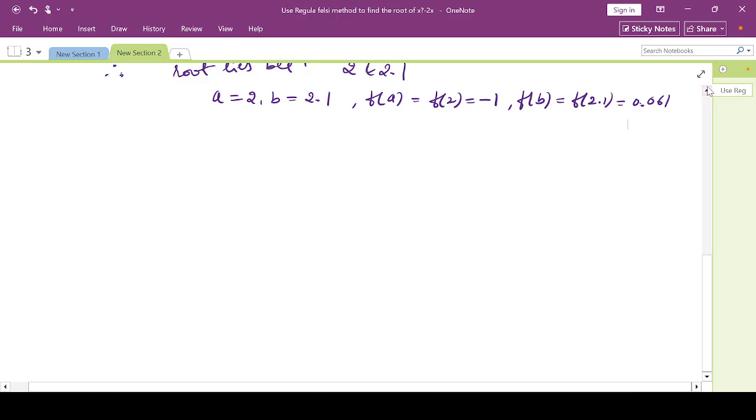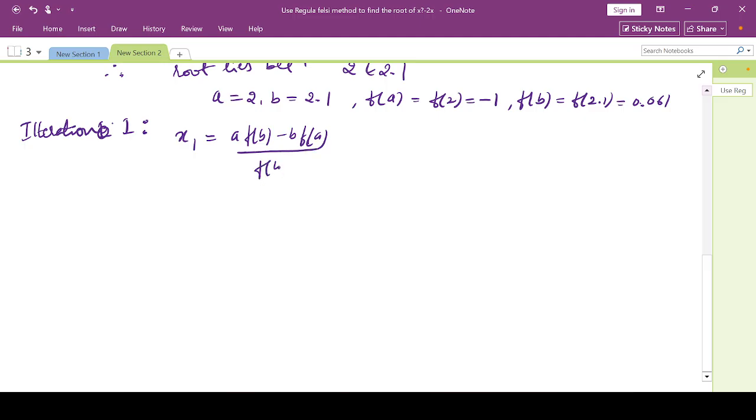So iteration 1 or approximation 1, I will write iteration 1. You can write the formula, that is x1 is equal to a into f of b minus b into f of a divided by f of b minus f of a.